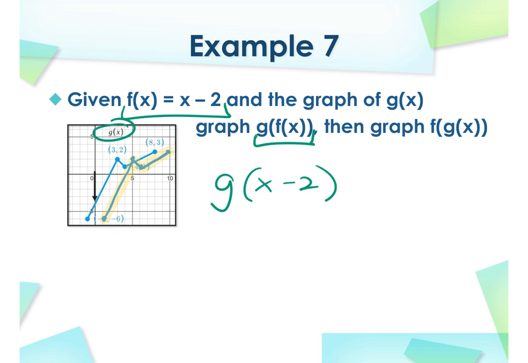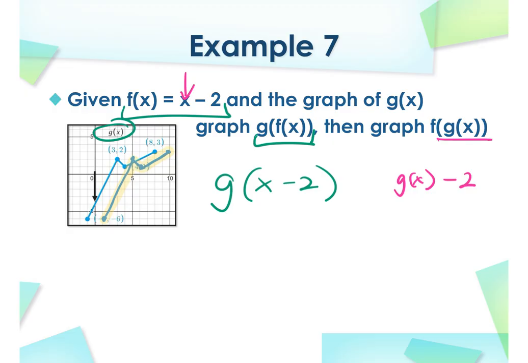The second one says graph f of g of x. Well, g of x is that graph, right? So if I put g of x into f of x, it's g of x minus 2. This is not an equation you can find, right? But if I take a function and subtract 2 from it outside the function, what does it do to the graph? Moves it down 2.